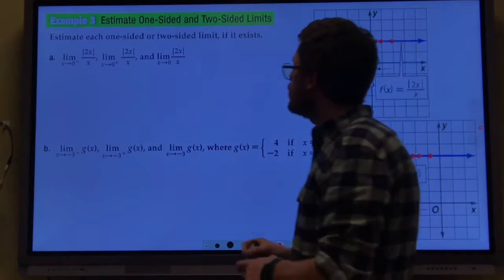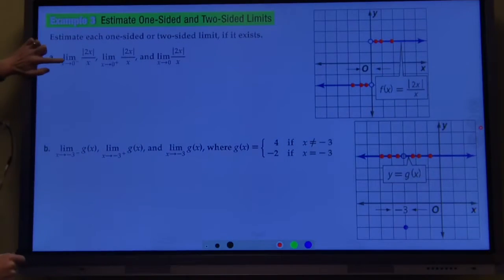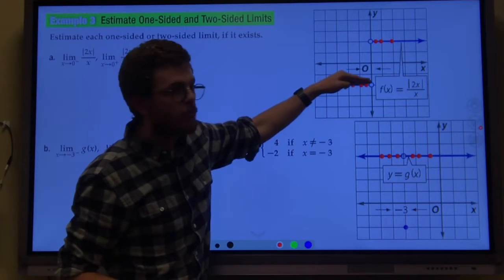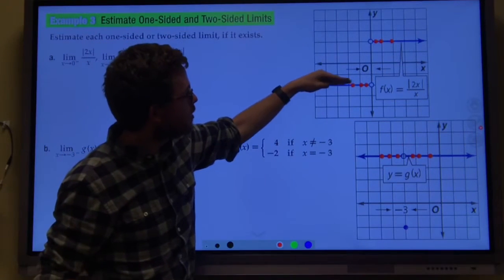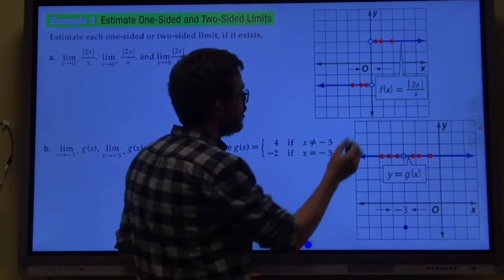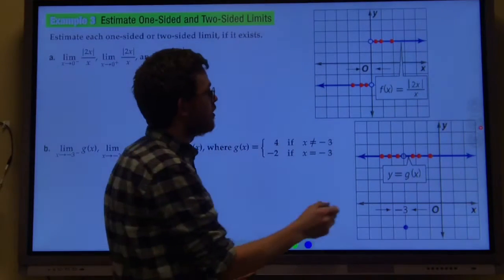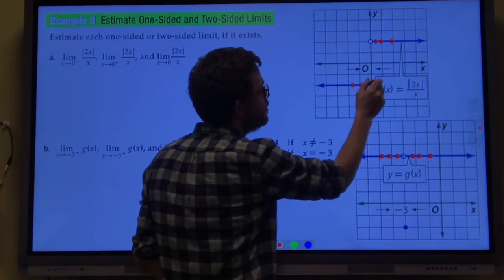So first, we're looking for the value as x approaches 0 from the left side. That's our left-hand limit. As we approach 0 from the left side, our outputs are consistently -2.